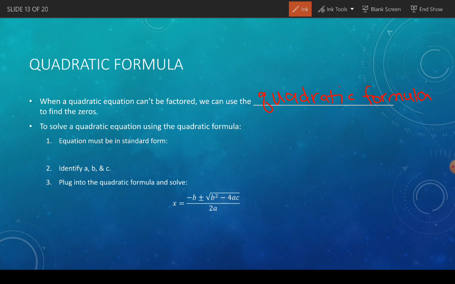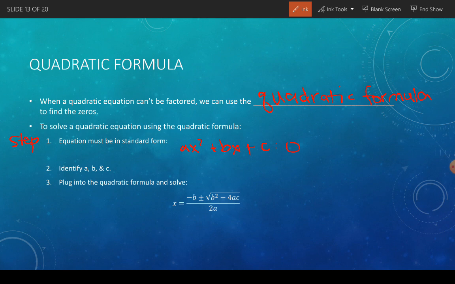To solve a quadratic equation using the quadratic formula, there are 3 steps. Step 1 is the equation must be in standard form. Standard form of the equation is the same as with factoring. So it's ax squared plus bx plus c equals 0. Then we identify a, b, and c.